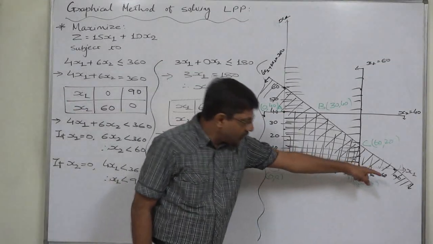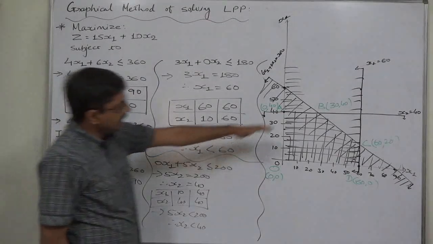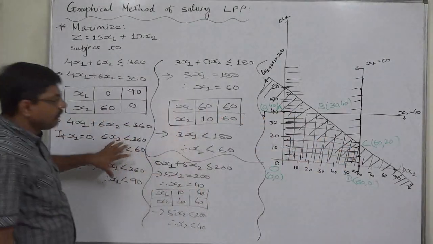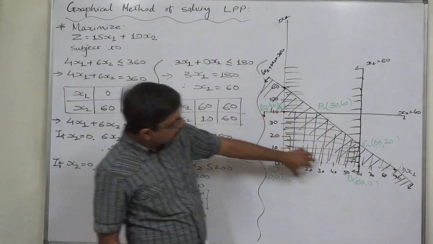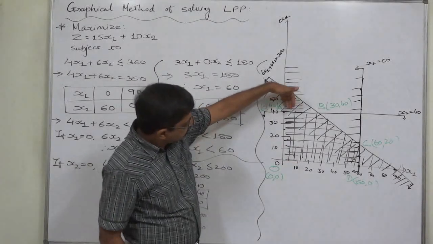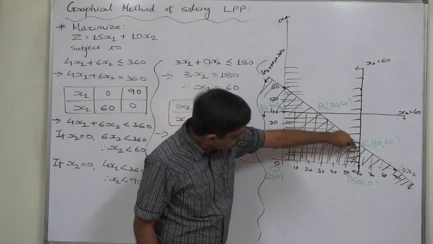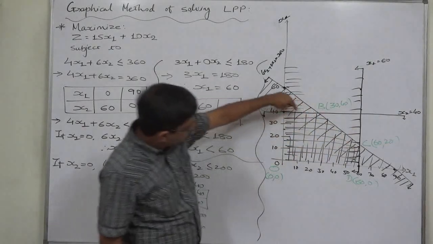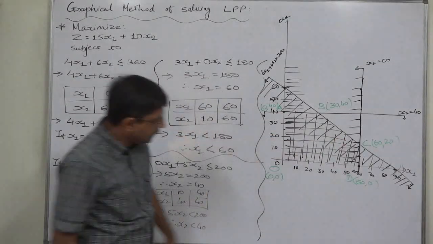The line represents the equality part of the constraint, and the shaded region represents the inequality part. The common region is shown by the shading. All the other shading has no importance, only this part, so you can show the shading in the feasible region only.